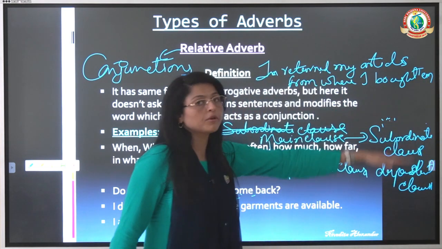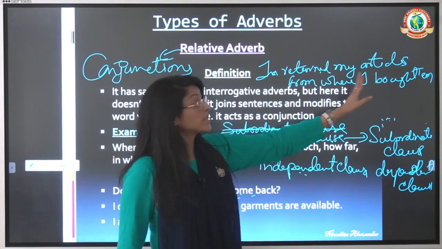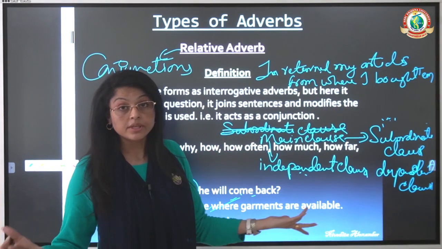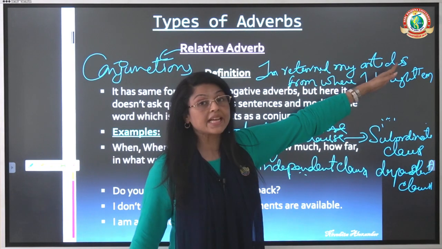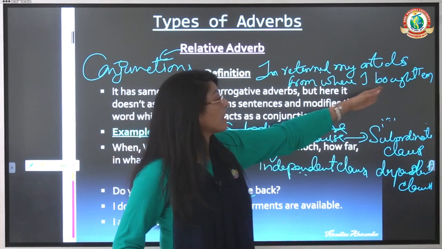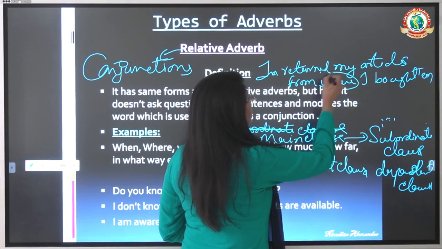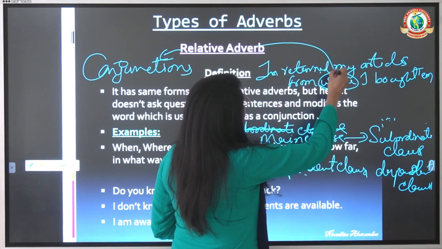Okay, this is a short form of them. So I returned the article. You return the article itself is giving a complete sense. Now from where I bought them, where is being a relative adverb here.